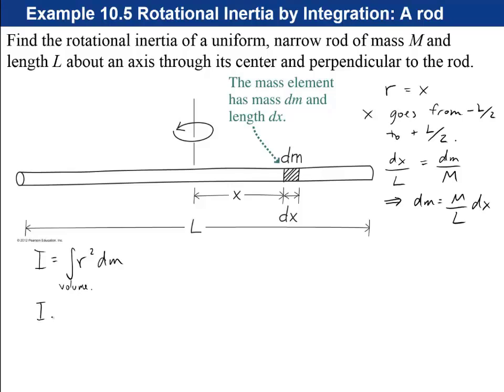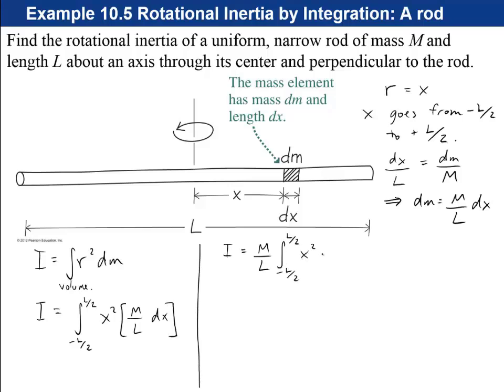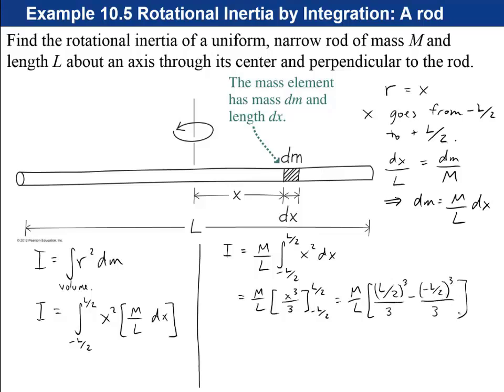So now we're ready to plug in. Integral from negative L over 2 to plus L over 2 of x squared times dm, which is m over L dx. We can now pull out the constant factor of m over L. The integral of x squared turns out to be x cubed over 3. We'll evaluate that from negative L over 2 to positive L over 2. So it's m over L times L over 2 cubed over 3 minus negative L over 2 cubed over 3.